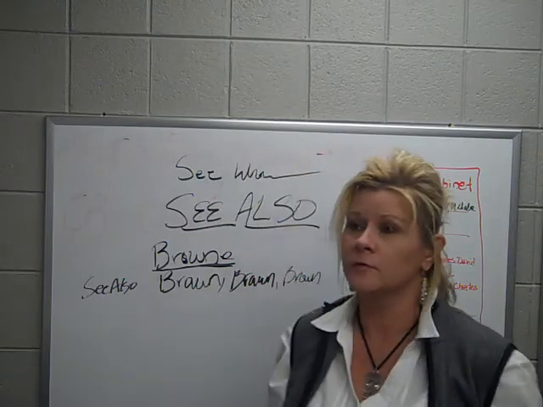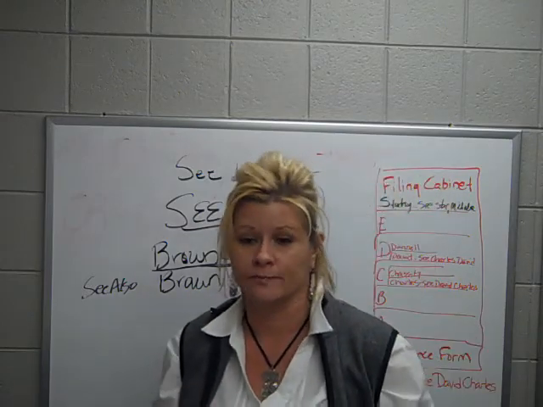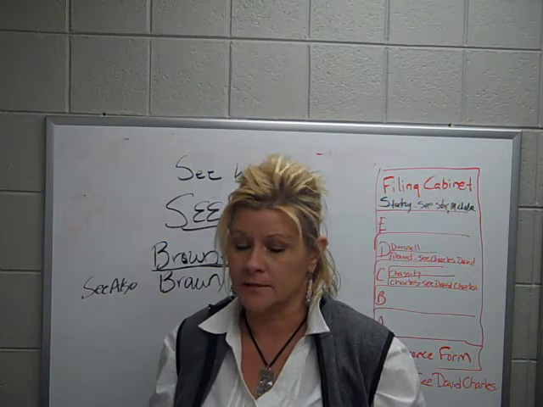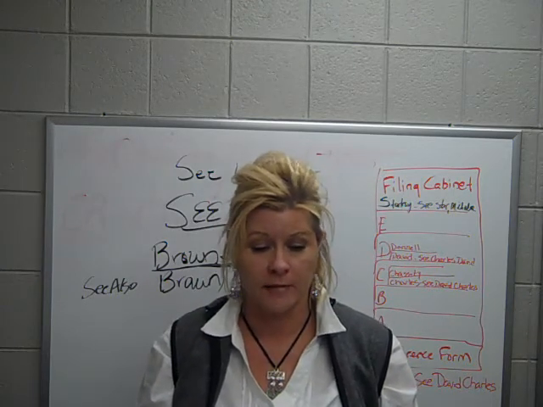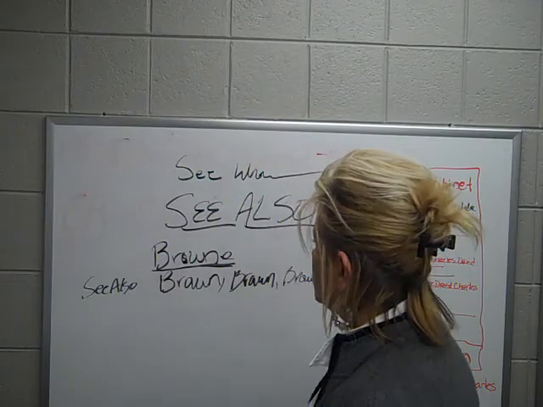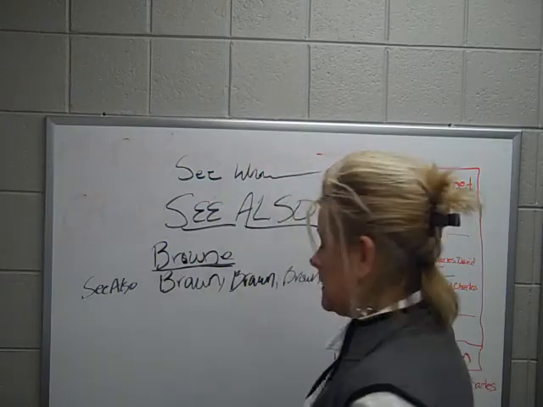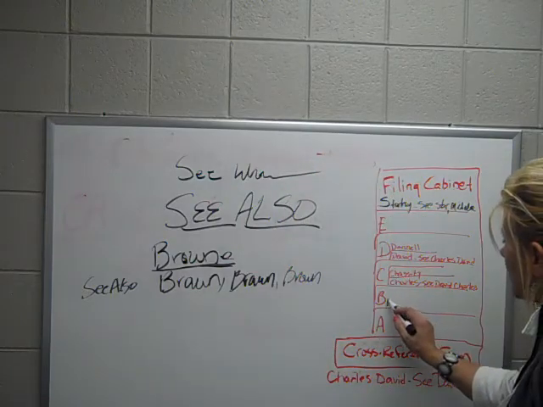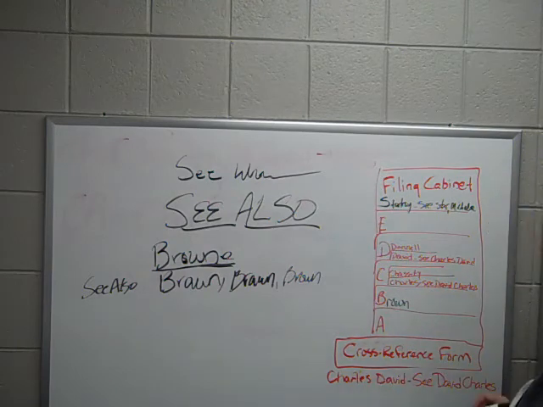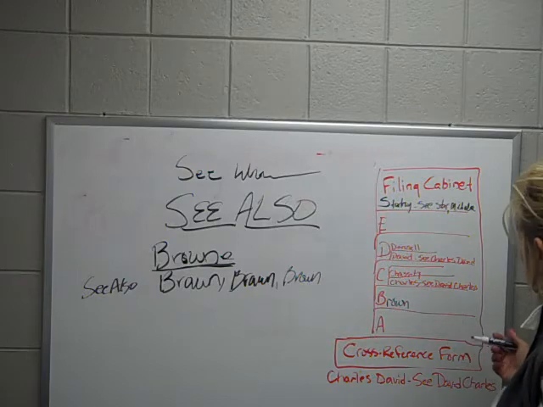If I come in and say I'm looking for Charles Brown, and the lady says, okay, well let me look in my filing cabinet and pull his record. So you go to Brown for B. Go to B right here, and you've got Brown. And I forgot what I said his first name was. We'll say Charles.